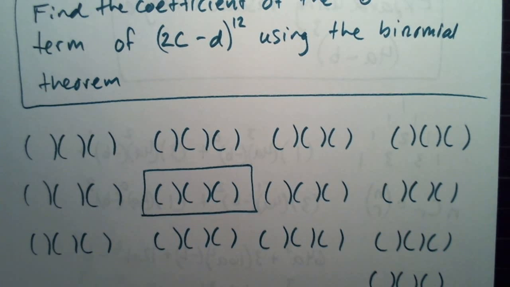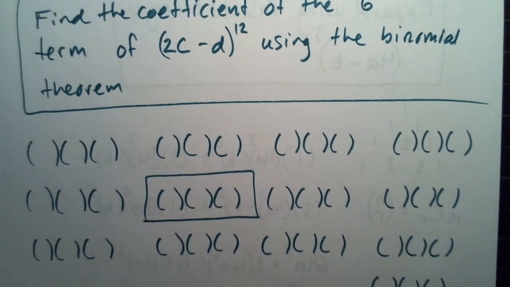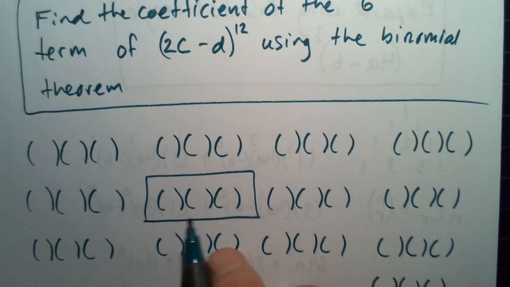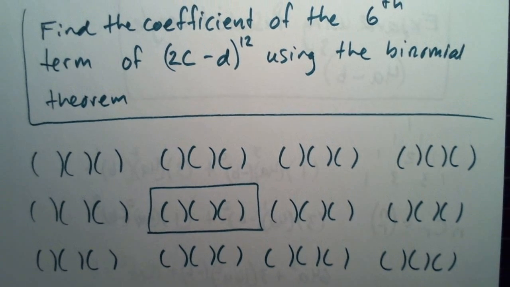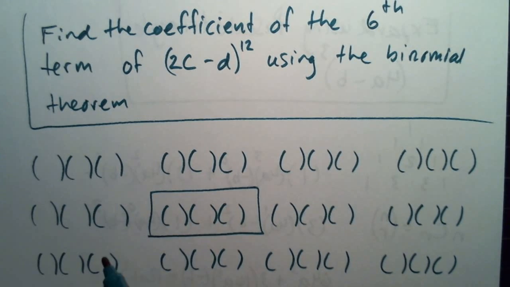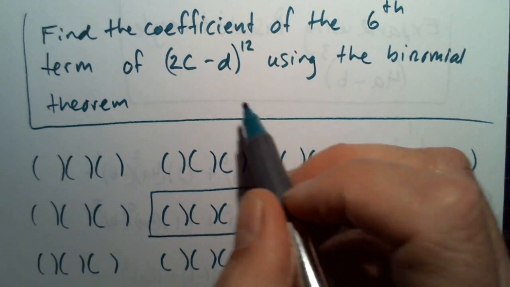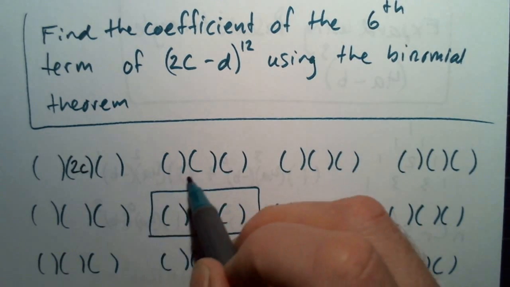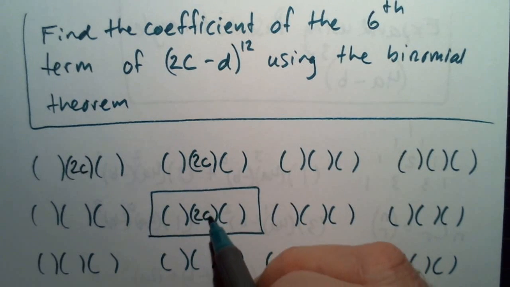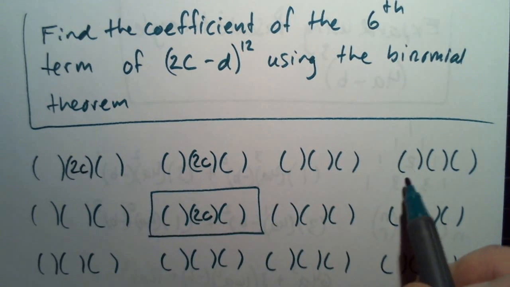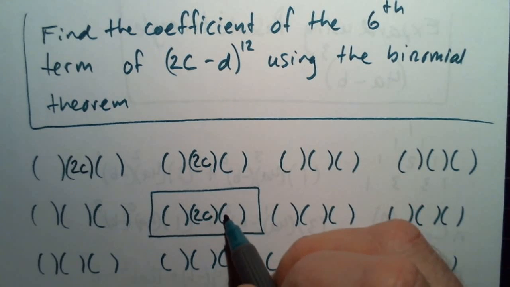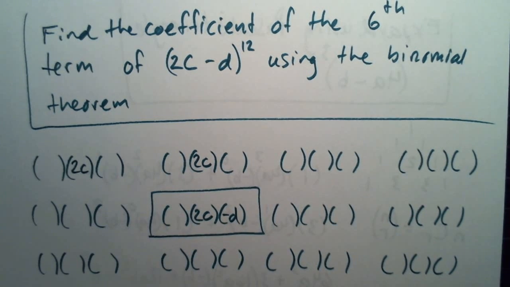And if we just start filling in the numbers, we'll keep going until we know everything that's in here. So let's start with, this will be 2c. We know all of the middle factors are 2c, and then we have negative d there.